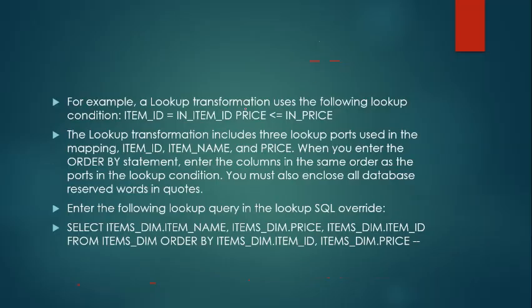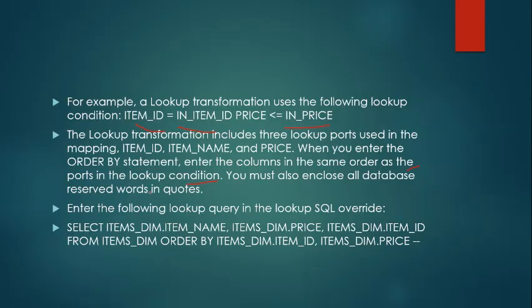Here, for example, suppose the lookup transformation uses the following lookup condition: item ID, and item price less than or equal to input price, right? The lookup transformation includes three lookup ports used in the mapping: item name, item ID, and price. When you enter the order by statement, enter the columns in the same order as the ports in the lookup condition.